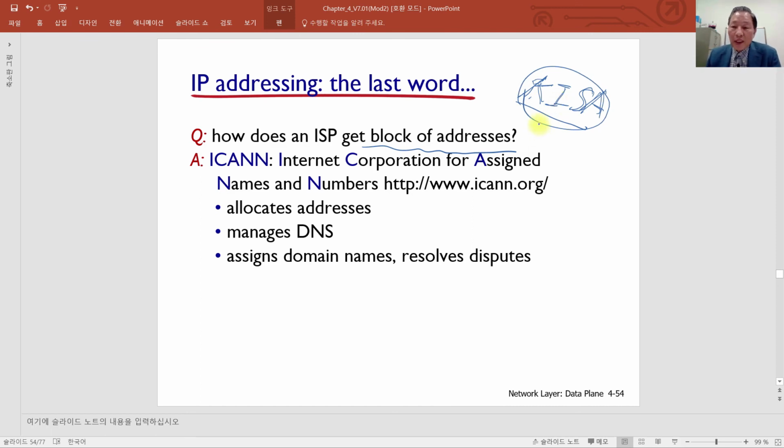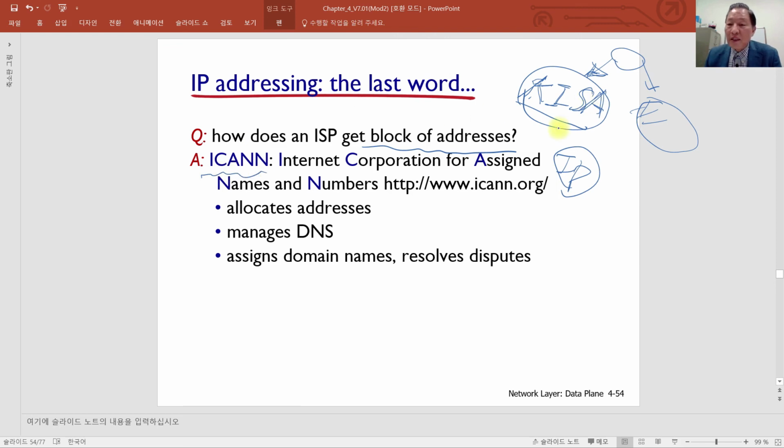This semi-government organization is providing those IP addresses. Then, who is providing IP addresses to KISA in our country? In other countries, there may be other organizations, but who is providing worldwide?